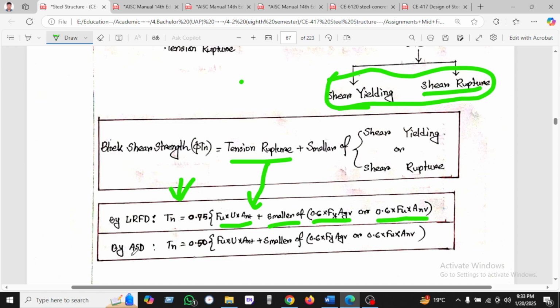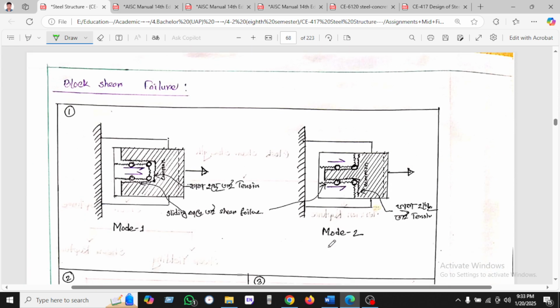If we solve this problem with ASD, then it will be Rn divided by omega, with omega equal to 2, which is one half, and Fu Ant, which is called tension rupture, and then the smaller portion of shear yielding or shear rupture. This is shear rupture.